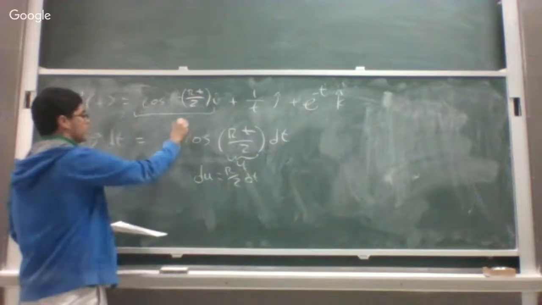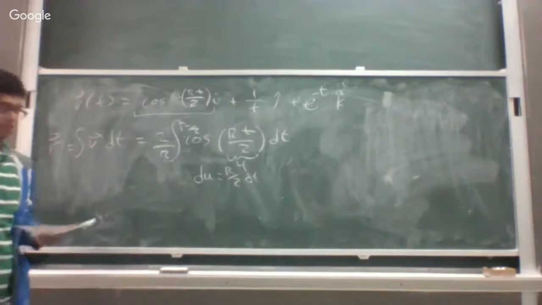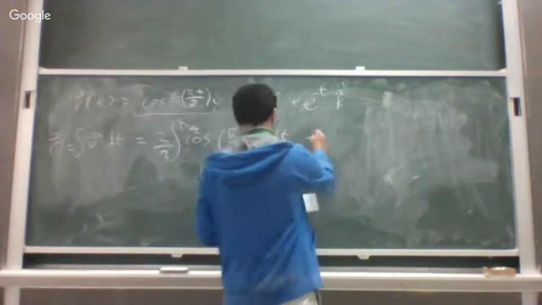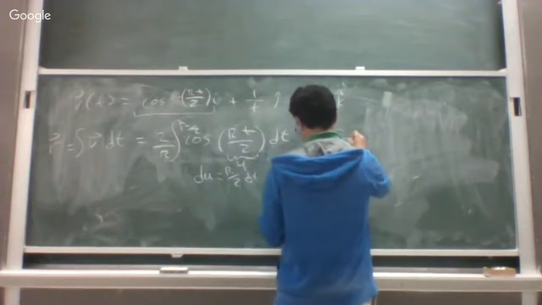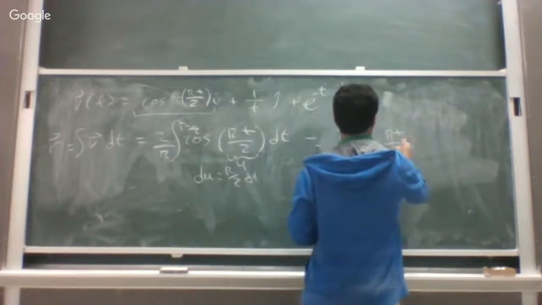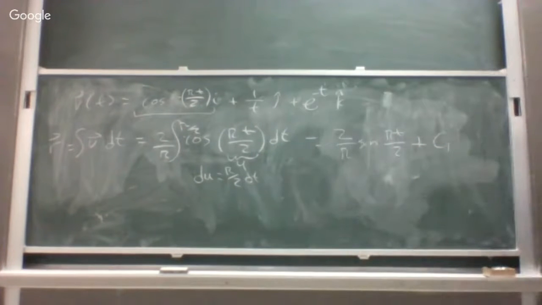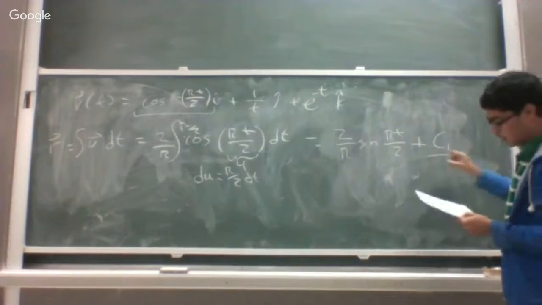So we need to multiply the inside by pi over 2 and the outside by 2 over pi. So then this is equal to 2 over pi sine of pi t over 2 plus c1. You can't forget the c1.